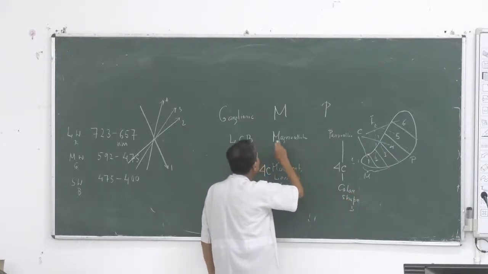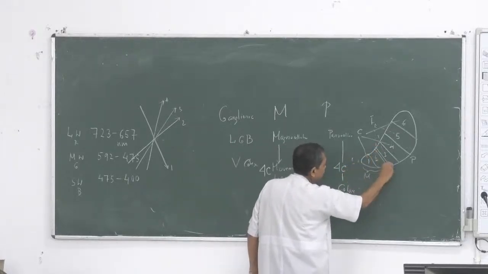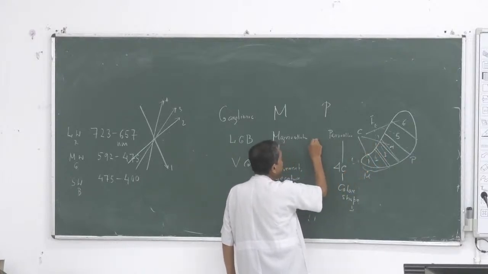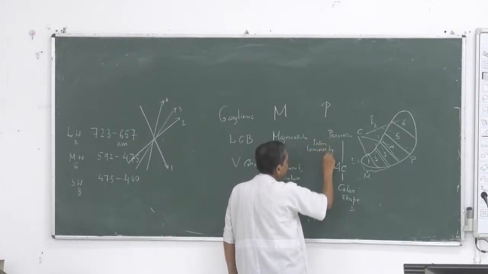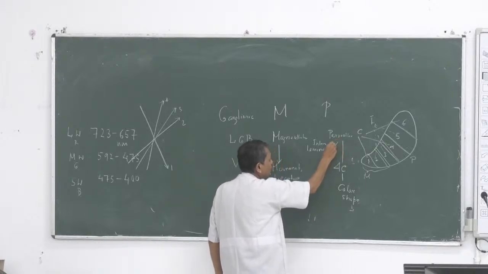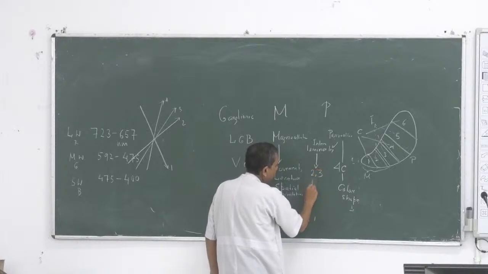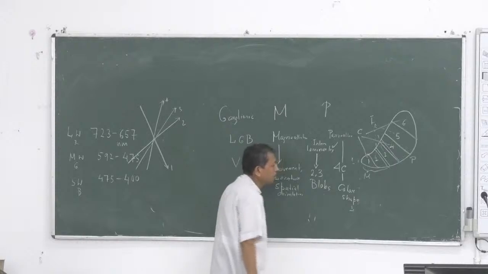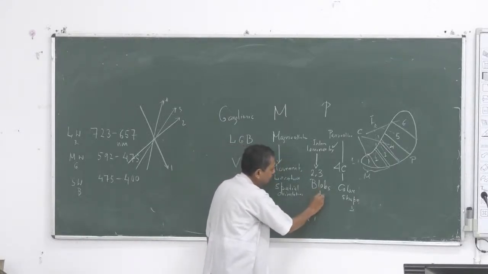And there is this interlaminar layer between them. And there is information in layers 2 and 3, and they form blobs, and they also respond to color.